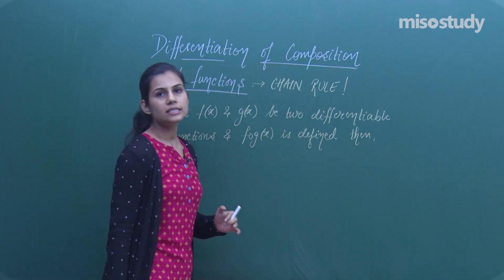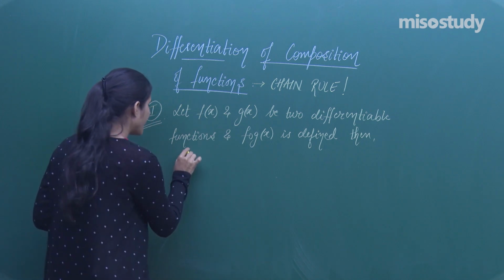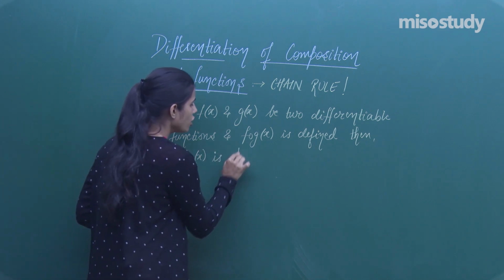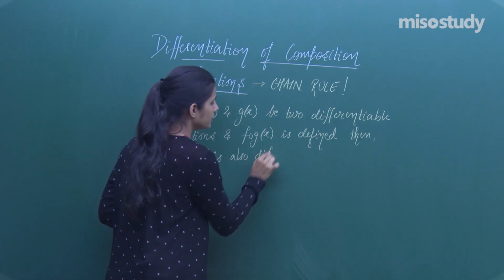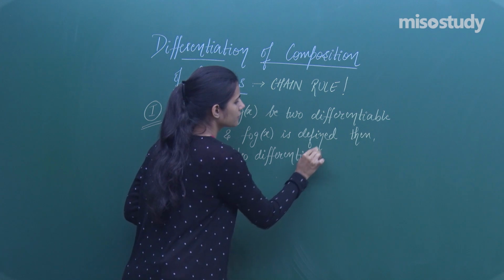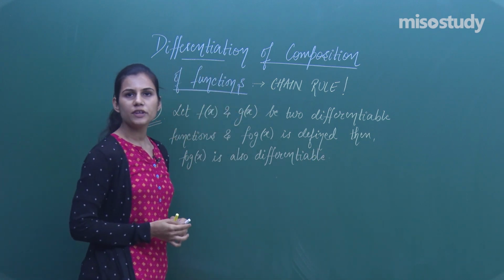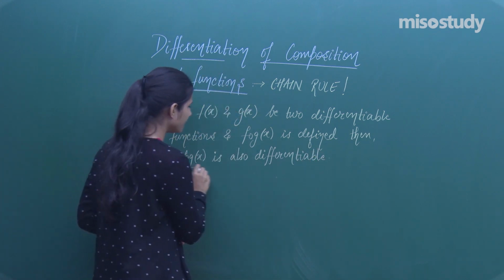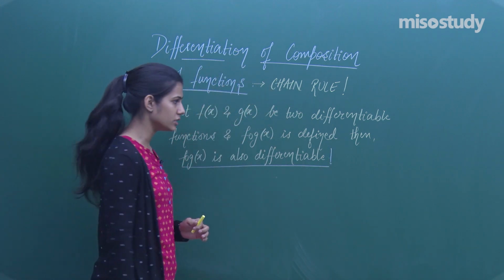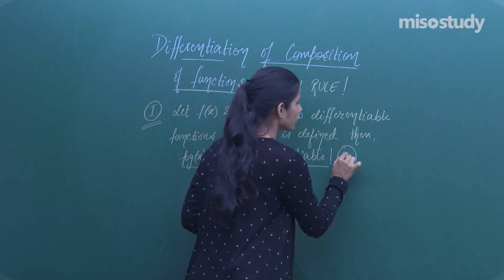Then the answer given by the chain rule is that f o g is also differentiable. An utterly important conclusion. When two functions are differentiable and their composition is defined, then their composition is also a differentiable function. That's a beautiful conclusion.